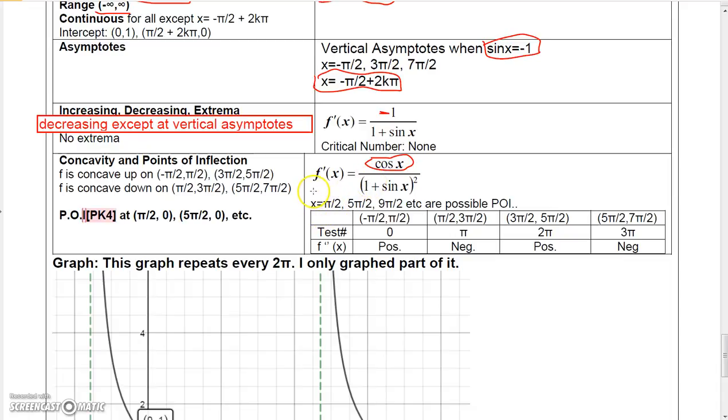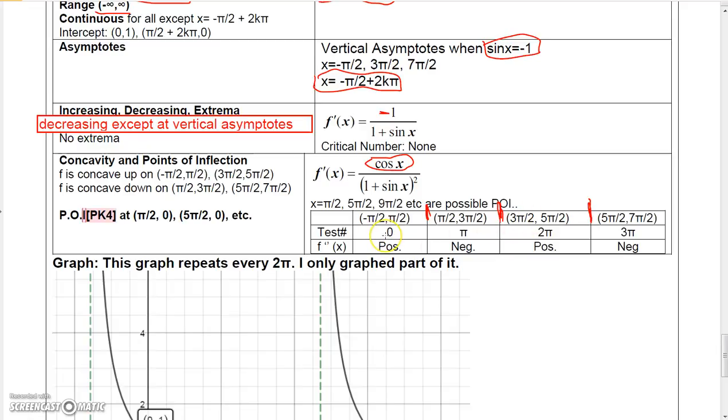Well, cosine is going to be 0 at pi over 2, 5 pi over 2, 9 pi over 2, etc. So those are the possible points of inflection. I'm just going to look at a few of them. So let's look at pi over 2 here. This is 3 pi over 2, but I think I get a vertical asymptote there, so I'm going to go ahead and look at there. And then let's break it at 5 pi over 2.